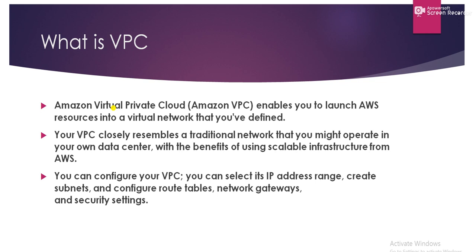Okay, you can create your own networks. So there will be your own private IP address range, own subnet, own routing table, own firewall, everything. Okay, you can customize. So it's a private network for you over a public network, which is isolated from the public network.